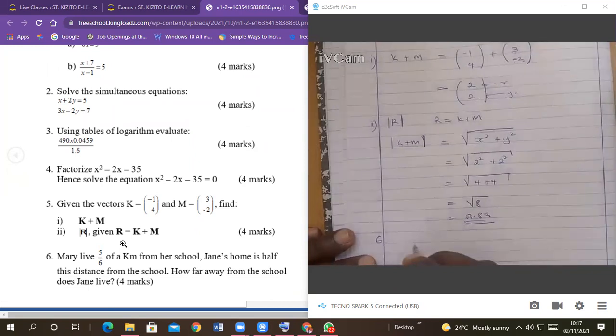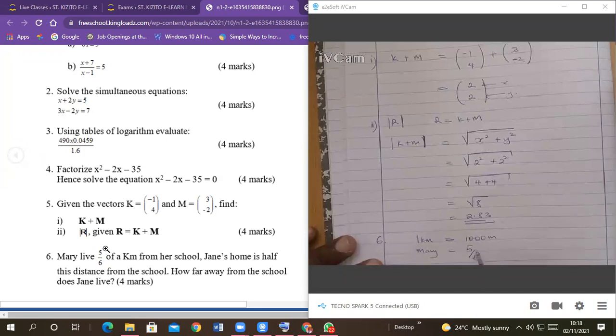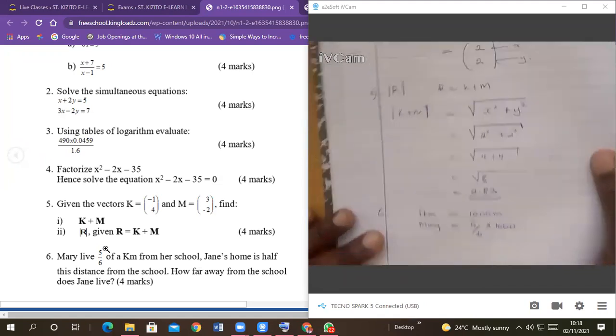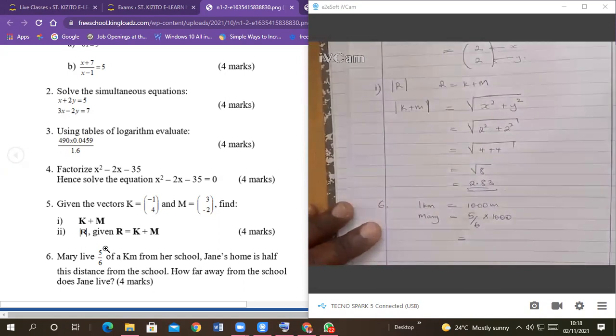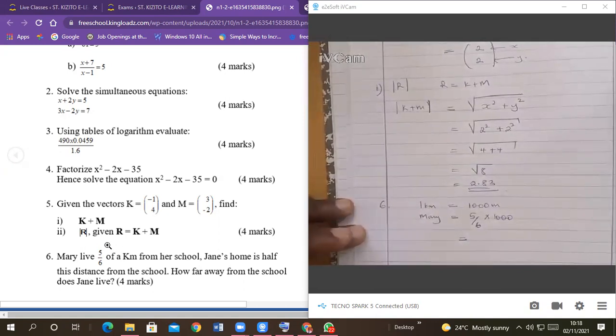Okay, we know that 1 kilometer is equivalent to 1,000 what? Meters. Okay, 1,000 meters. So it means that if Mary is 5/6 of a kilometer, so of 1,000, we can get it in terms of meters, and we shall see that Mary is 5 divided by 6 times 1,000.